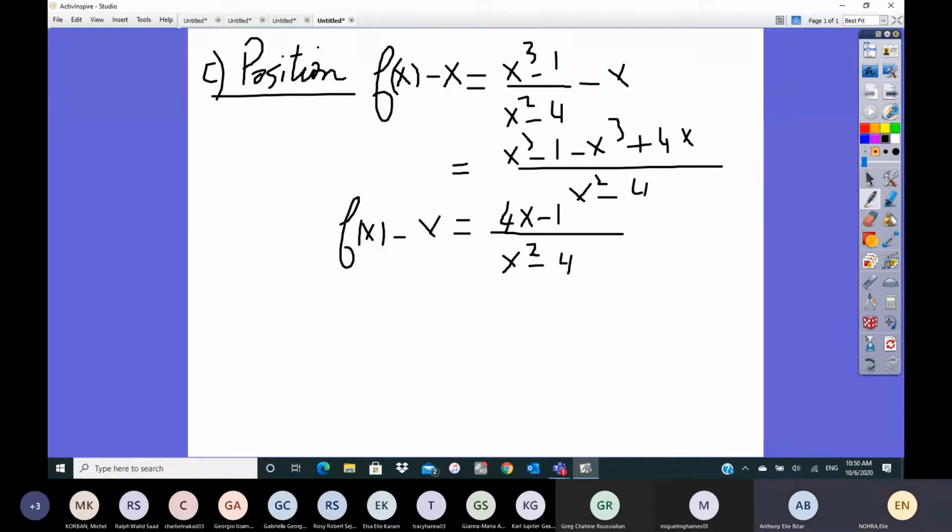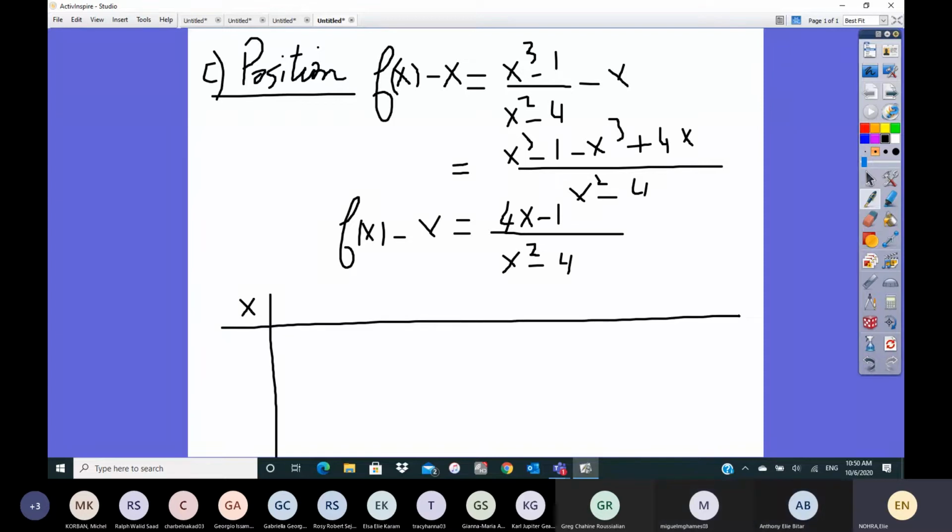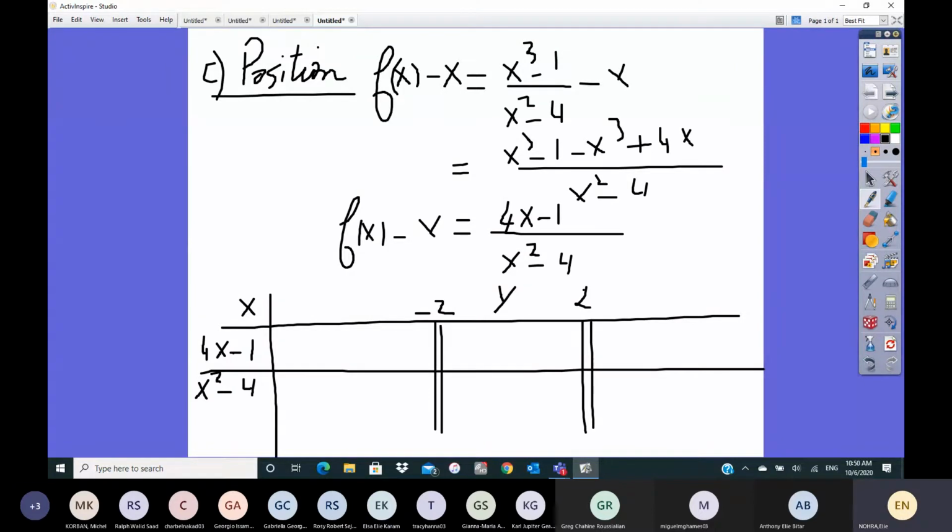And as we always do, remember the table of signs. You have 4x minus 1 and you have x squared minus 4. You have the minus 2 and the 2. You have the 1 over 4.